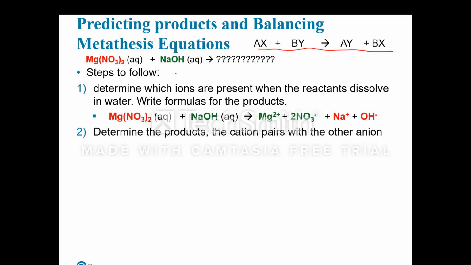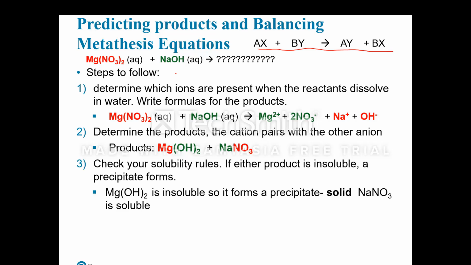The magnesium ion will come together with the two hydroxide ions to form magnesium hydroxide precipitate. Will the sodium and the nitrate ion come together to form a precipitate? They will not, because our solubility rules tell us that all nitrates are soluble. So our products of this reaction are magnesium hydroxide and aqueous sodium nitrate.